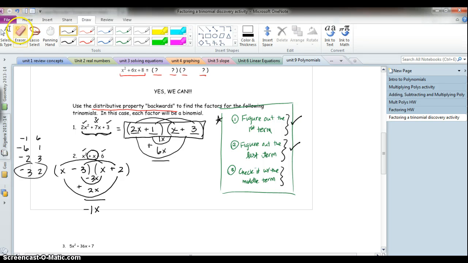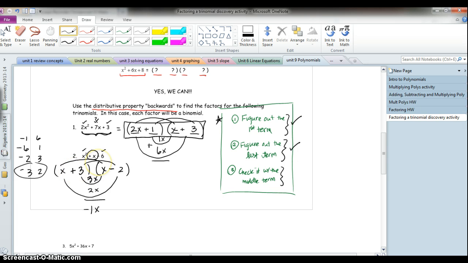Well, how about if we change the signs? My eraser will work. And what if I made this a positive 3 and a negative 2?